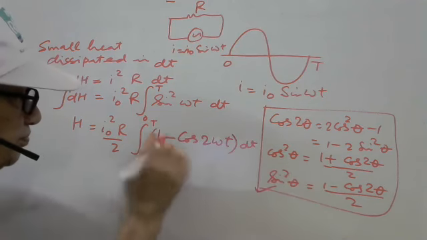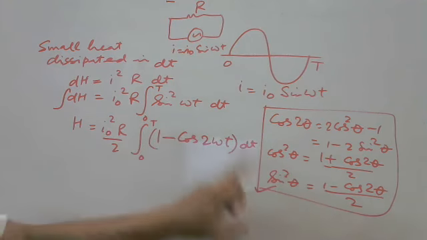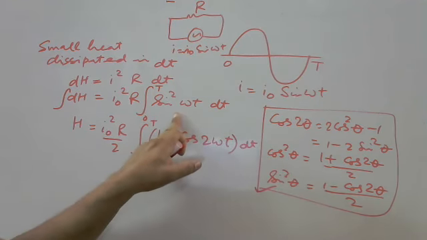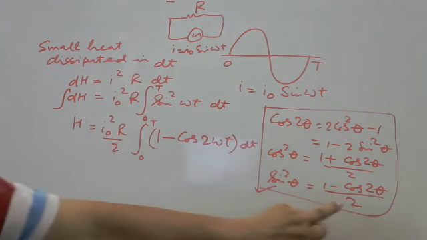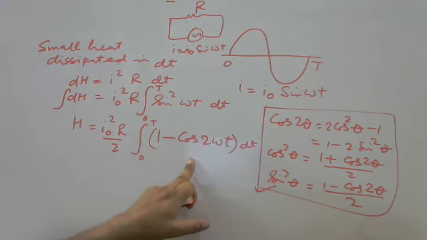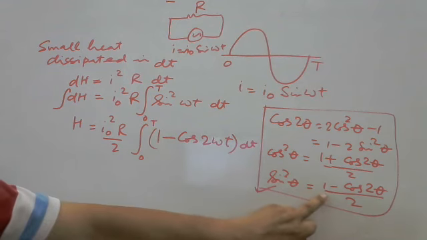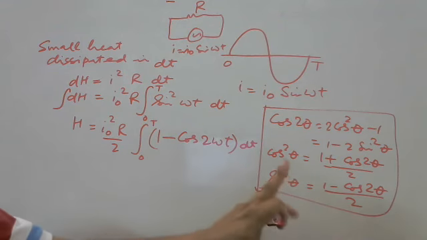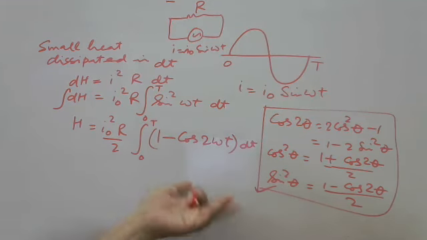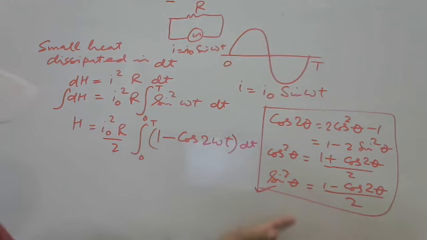So simply sin square omega t can be replaced with this formula. Tell me any doubt? If you are using this formula, there is no doubt. Simply theta is replaced with omega t, nothing else. Up to this point, any doubt? If you know the formula, there is no doubt.